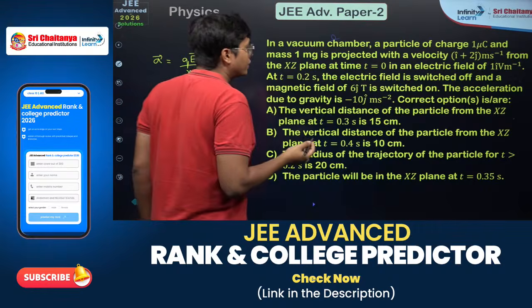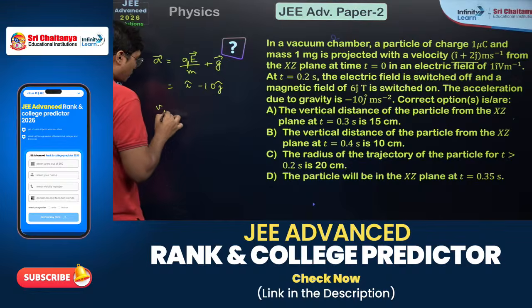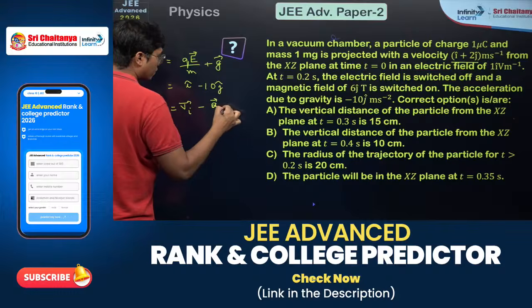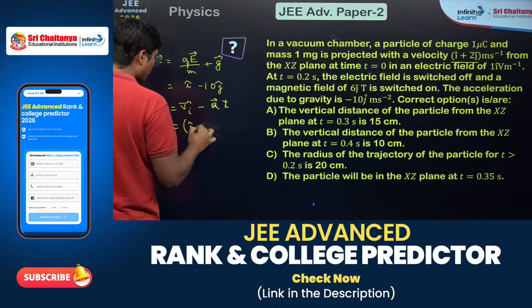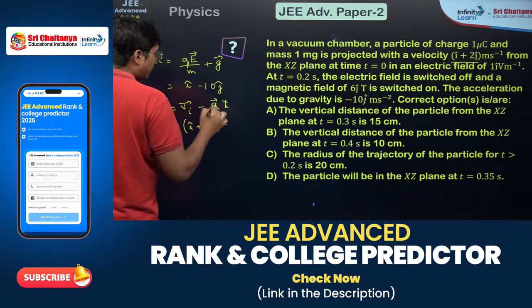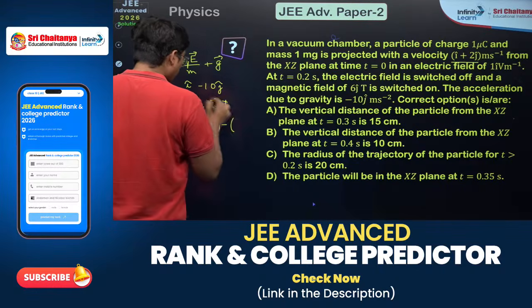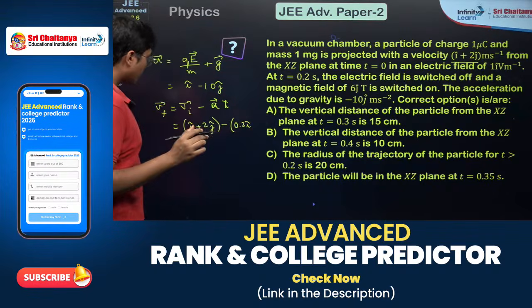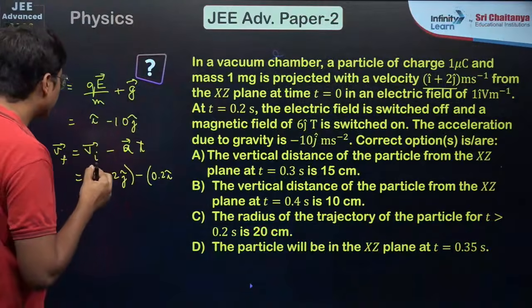Under that acceleration, if this was my initial speed, what does my final speed become? So Vi is i cap plus 2 j cap, plus a times t. So t is 0.2, right? So 0.2 i cap, plus minus 10 j cap times 0.2.